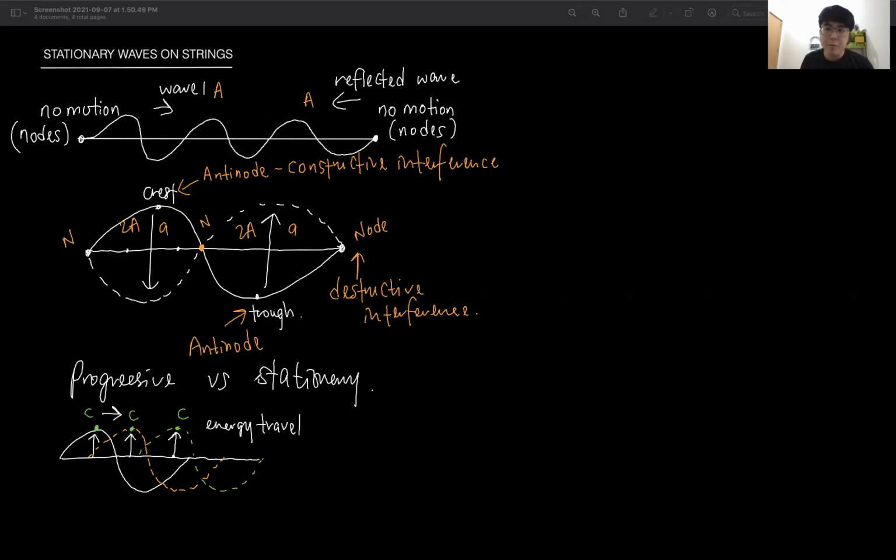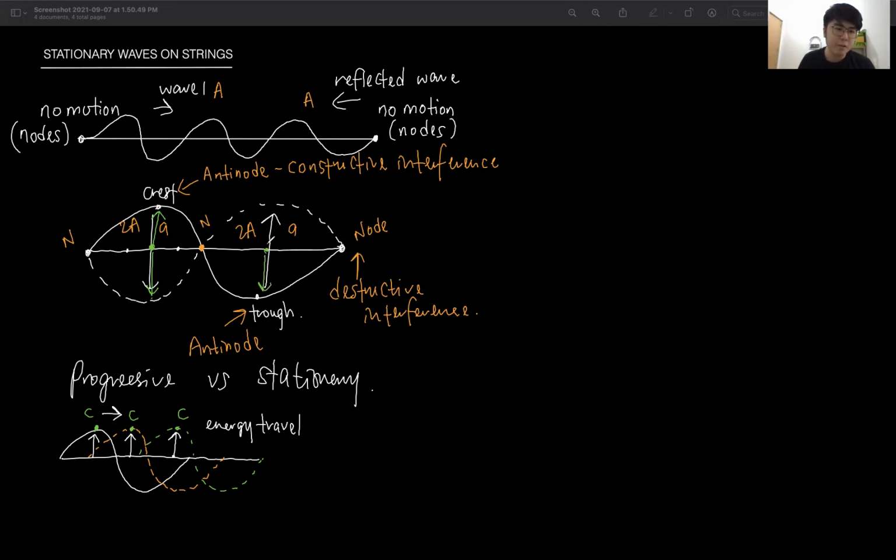How about stationary waves? Stationary waves, like the one we mentioned here in the string, the crest does not travel. This particle is always the crest. This particle is always the crest. The particle next to it does not get a chance to be the crest. Same here.